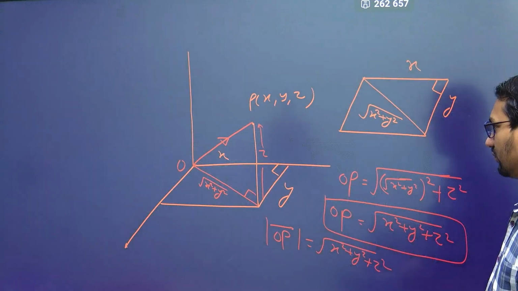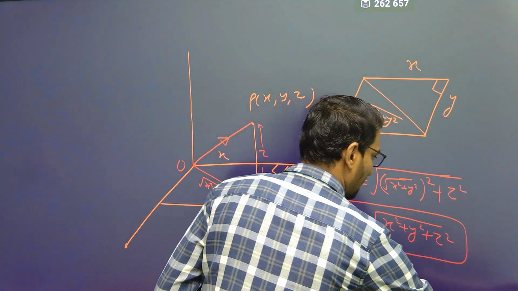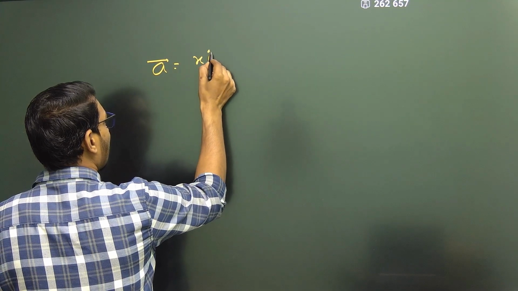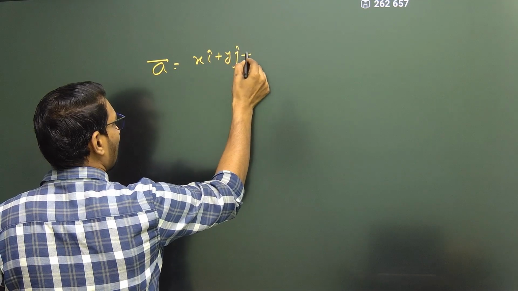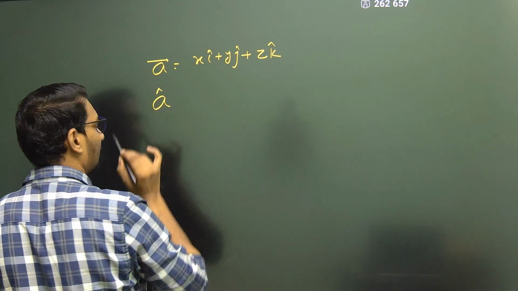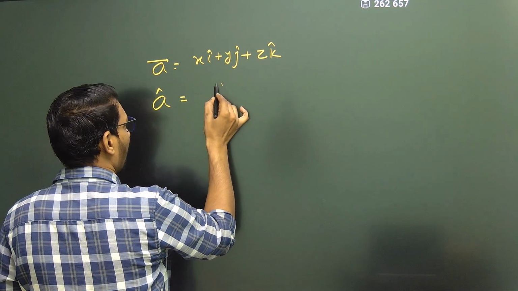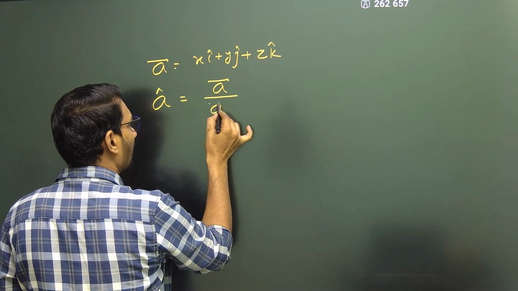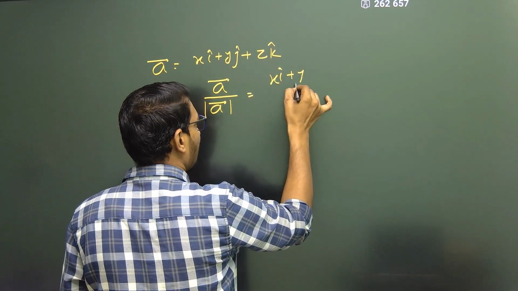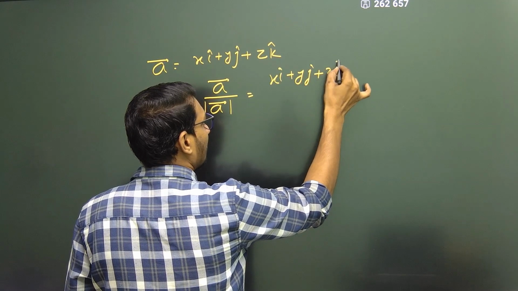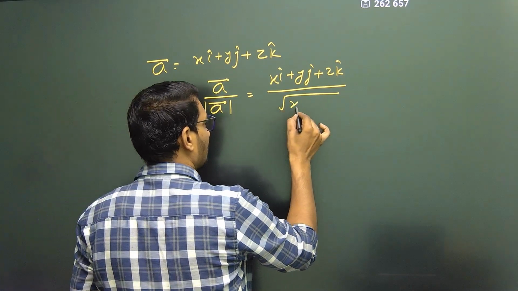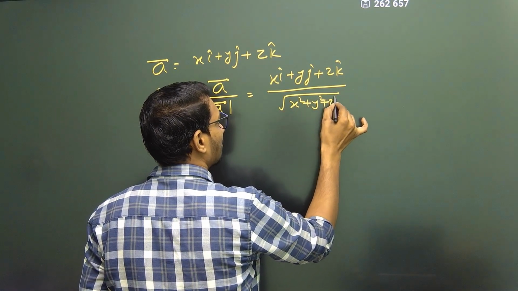Now there is an important concept. Suppose vector A is given by x i cap, y j cap and z k cap. Then unit vector A cap is given by vector A upon modulus of A. So x i, y j, z k upon square root of x square plus y square plus z square, as modulus of vector A is nothing but that.